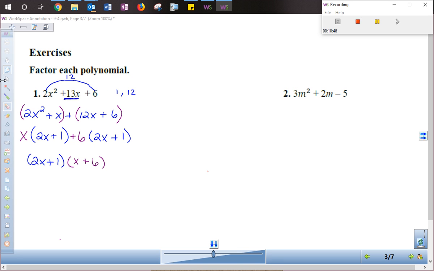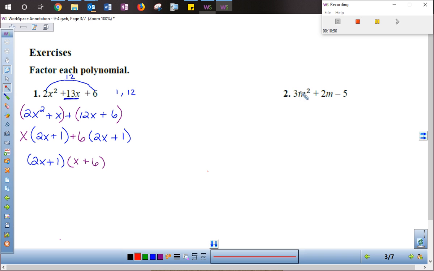First thing on number 2, I want you to multiply your a value, which is 3, times your c value, which is negative 5. So 3 times negative 5 gives me negative 15. Now we need to find the factors of negative 15 that add together to be a positive 2. So if you need help, you can always list the factors of 15, 1 and 15, 3 and 5.